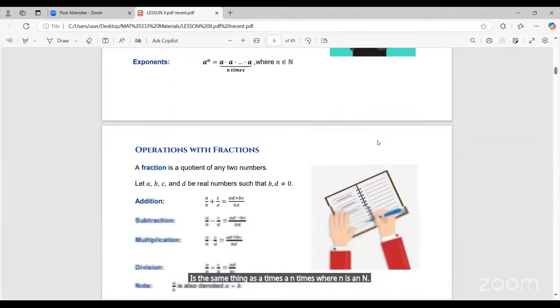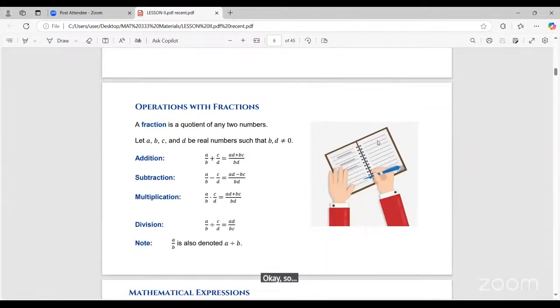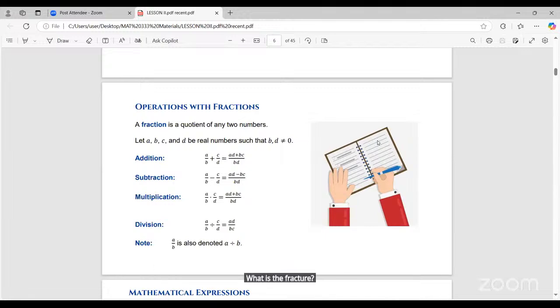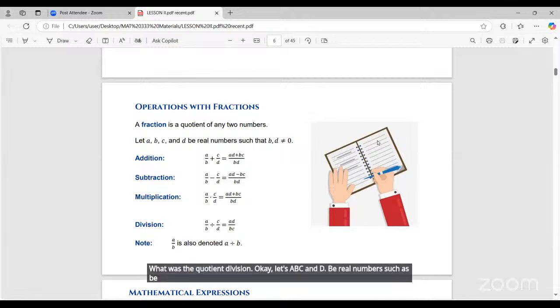Okay, so we have operations of fractions. The real numbers also satisfy the operations of fractions. What is a fraction? A fraction is a quotient of two numbers. What is the quotient? Division. Let A, B, C, and D be real numbers such that B and D are not equal to 0.